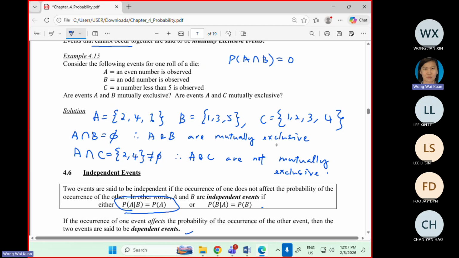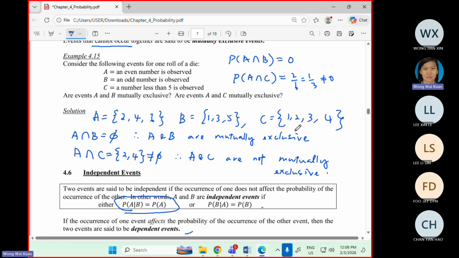So they are mutually exclusive, then the probability must be 0. Then what about probability of A intersect C? 2/6 or 1/3, which is not 0. That's why they are not mutually exclusive.